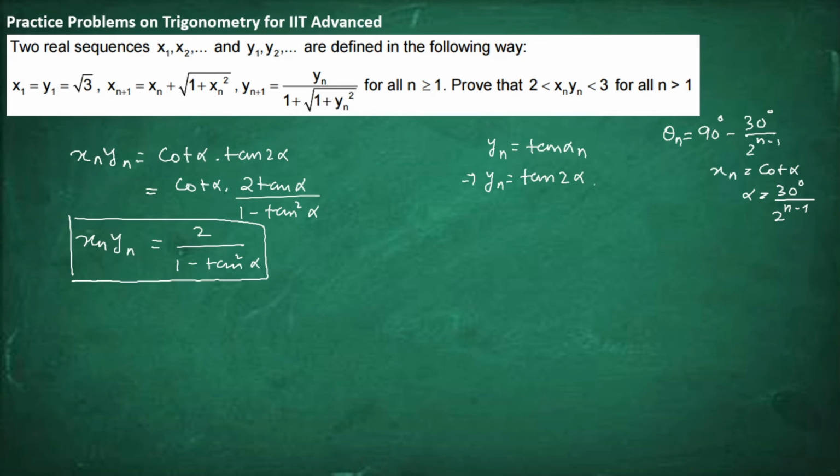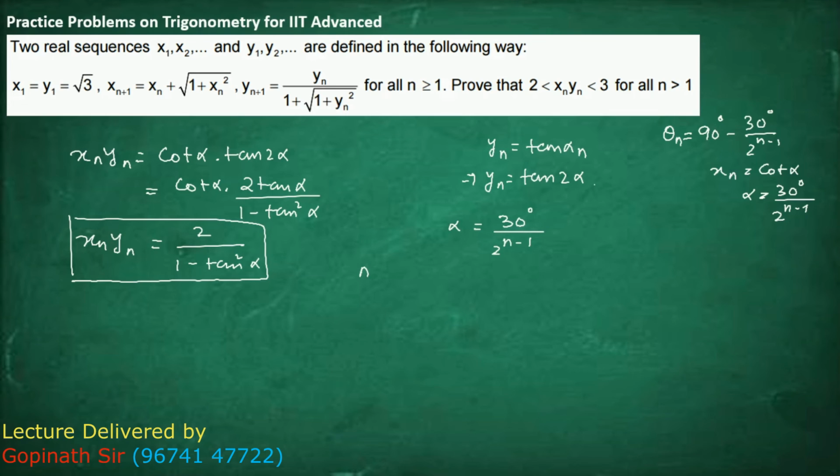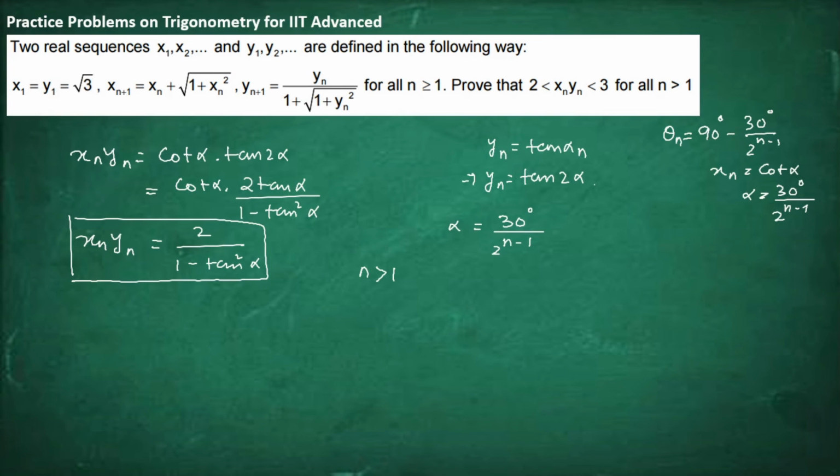Now you see, your alpha is what? Your alpha is basically 30 degree divided by 2 to the power n minus 1, right? Now, if n is greater than 1, think about it. If n is tending towards infinity, then your alpha is tending towards 0.